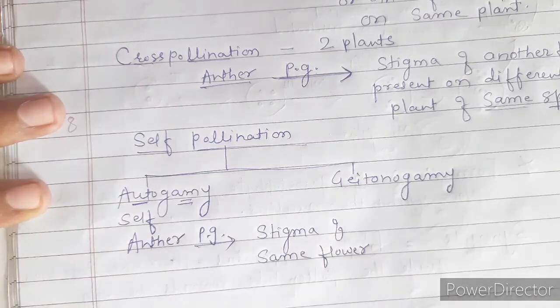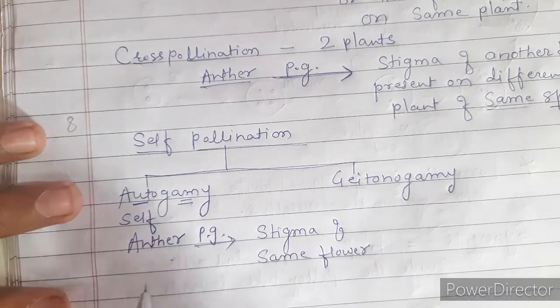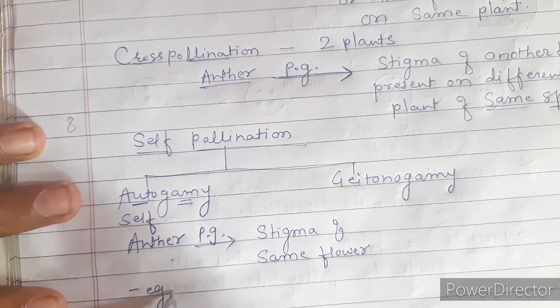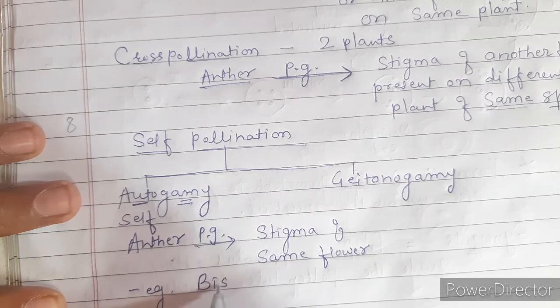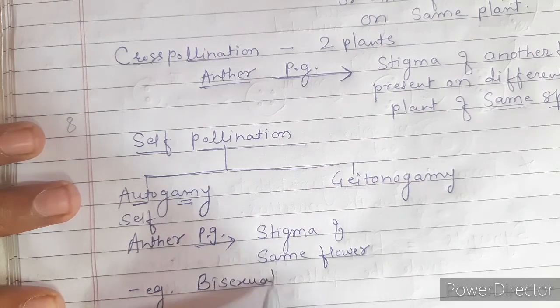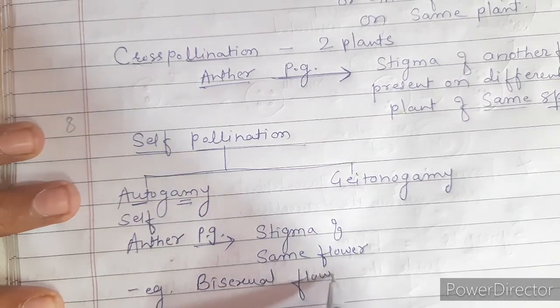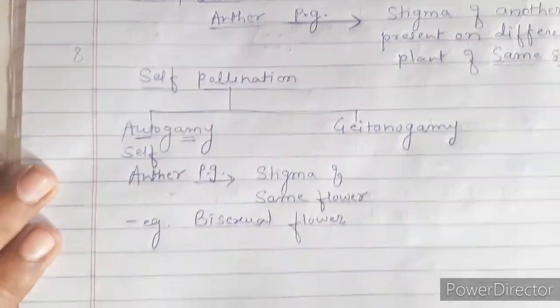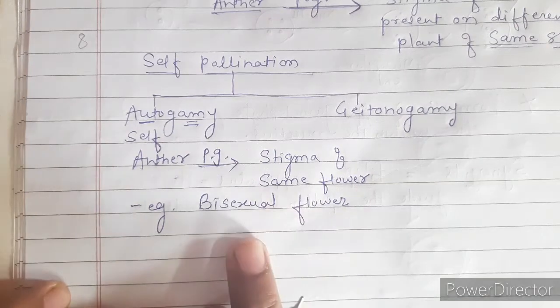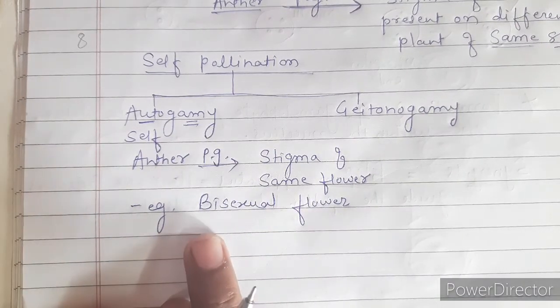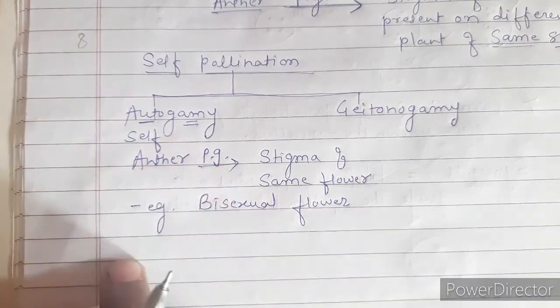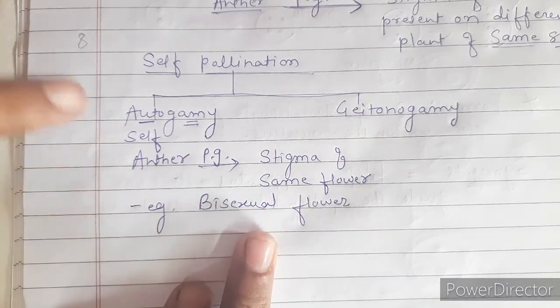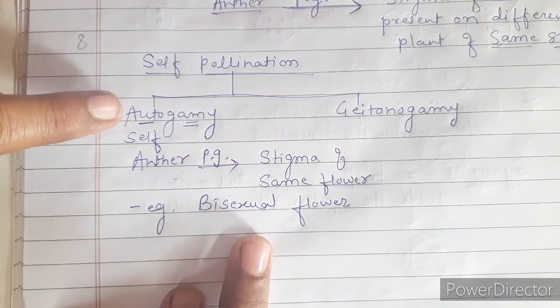In short, in a bisexual flower, you know that androecium is there as well as gynoecium. Now, if the flower is pollinated by the pollen grains of itself, such type of pollination is called autogamy.